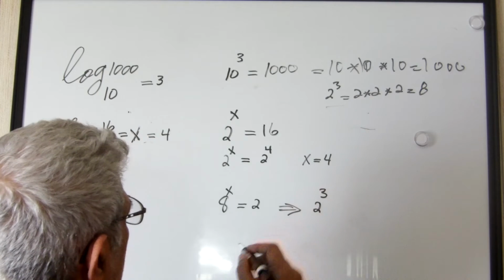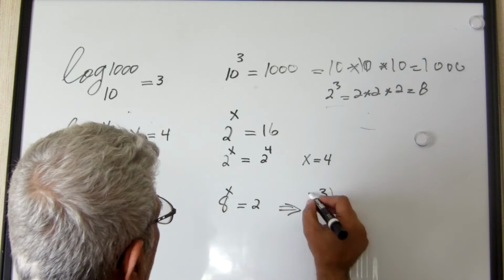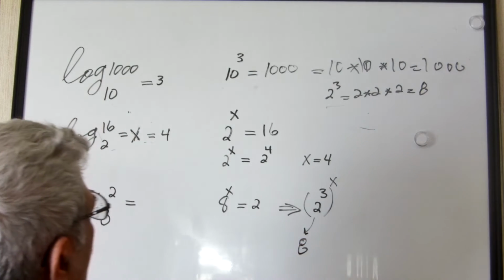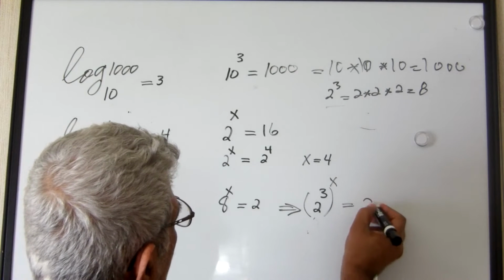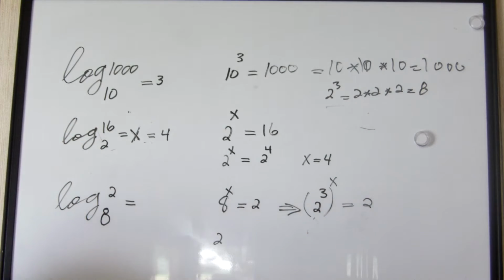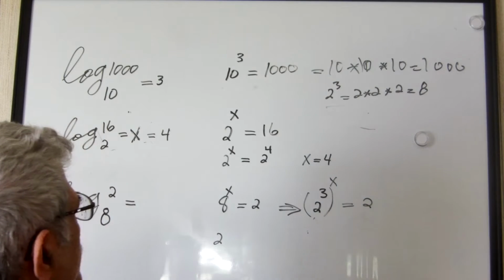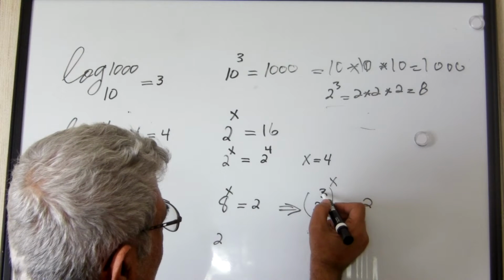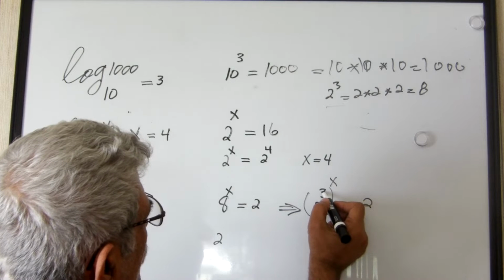As we say, it's like this. So we say 8 to the power of x is going to be equal to 2. So we can say 2 to the power of 3, raised to the power of x. If we raise a number with exponent 3 to the power of x, this is going to be multiplied by this.